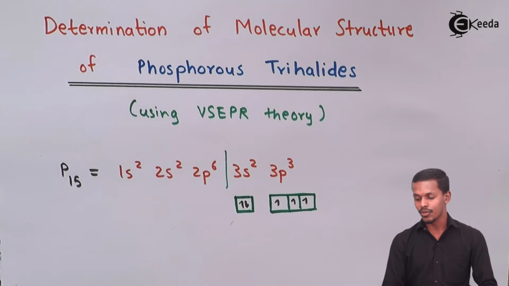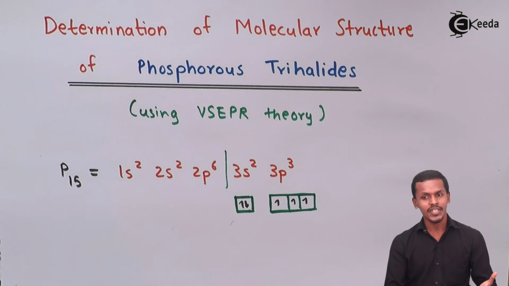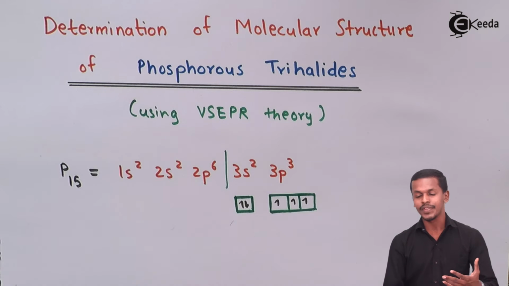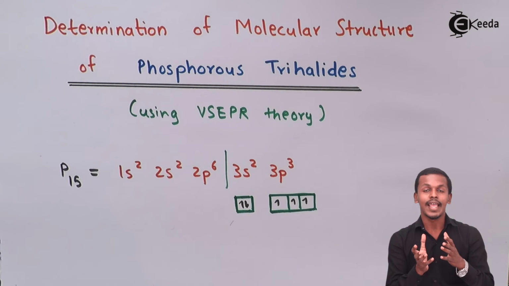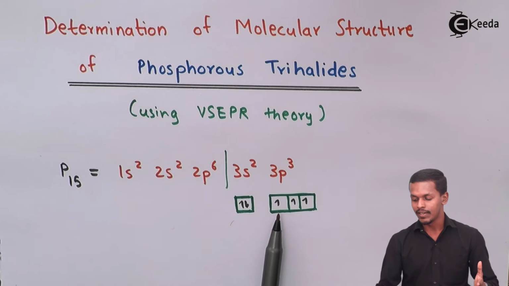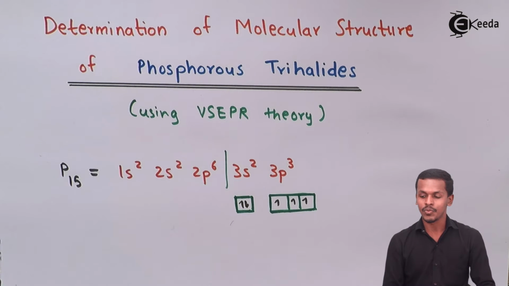The valence shell of phosphorus earlier has 5 electrons in the outermost shell, and because of the inclusion of the 3 halogen atoms occupying these orbitals, that makes an overall of 8 electrons in its outermost shell, and that is how it completes its valency.